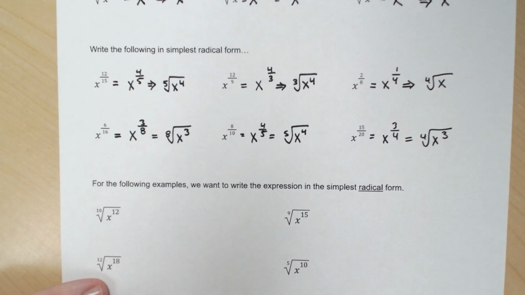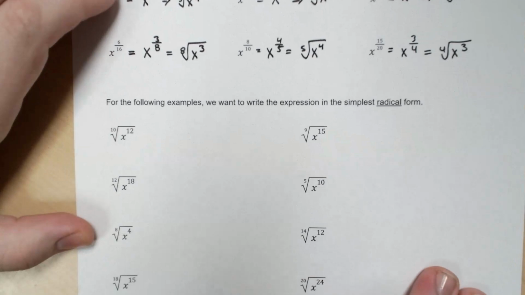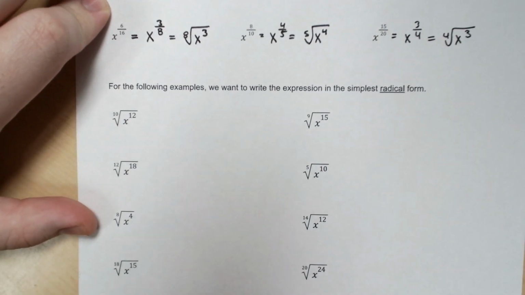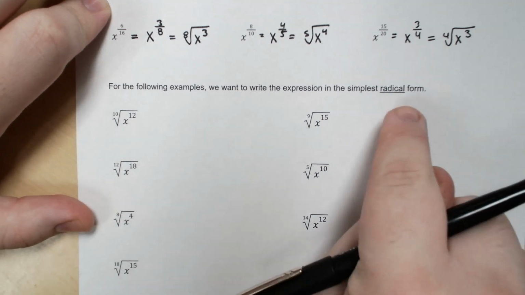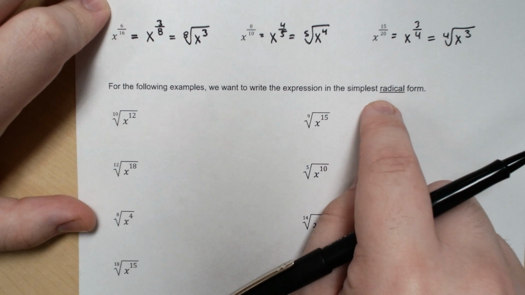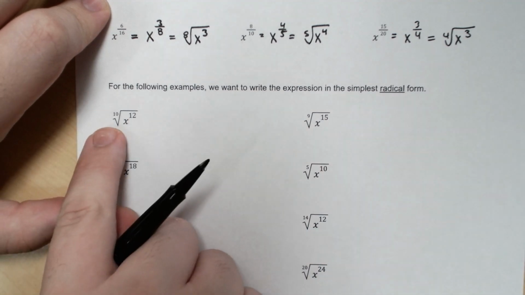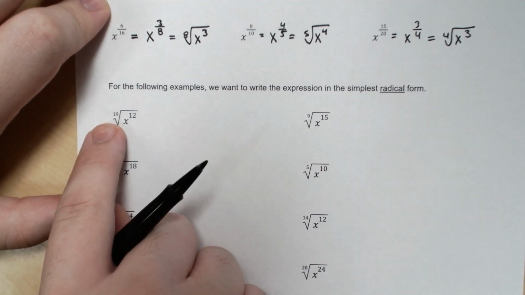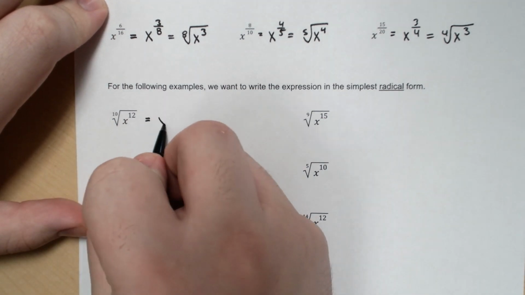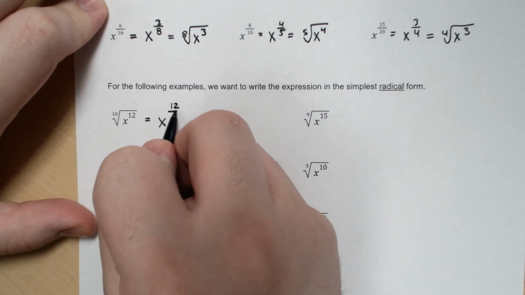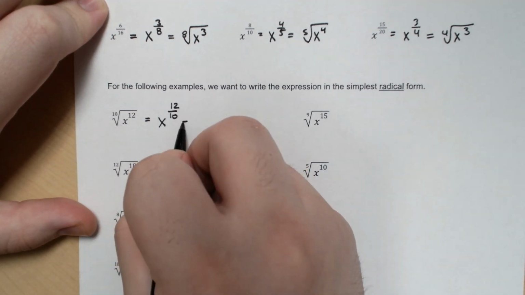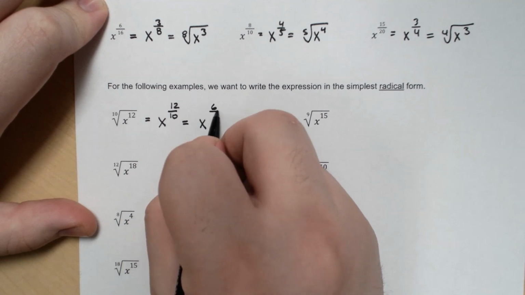Okay, almost done. This last little section here, we've already got it as a radical, and we want to keep it as a radical, but it needs to be in the simplest radical form. So, what I'm going to do first is rewrite this into its exponential form. The 10th root of x to the 12th power could be rewritten as x to the 12 over 10. But then 12 over 10 reduces down to 6 over 5.